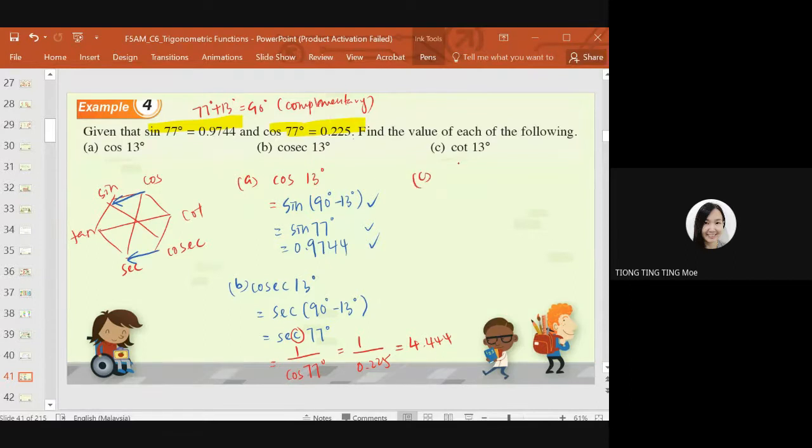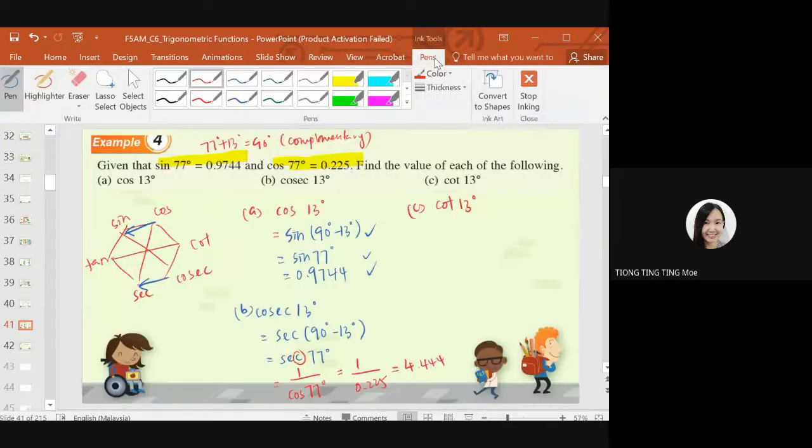C. Cot 13 degree. Cotangent 13 degree. Cotangent. Okay. Go find cot here. Cotangent is complementary with tangent, cotangent reciprocal with tangent. So it's tangent of 90 degree minus 13 degree.